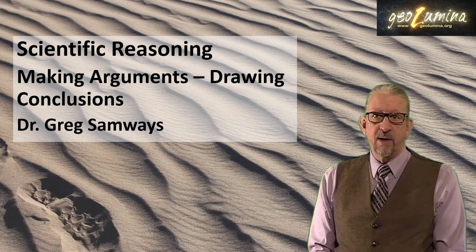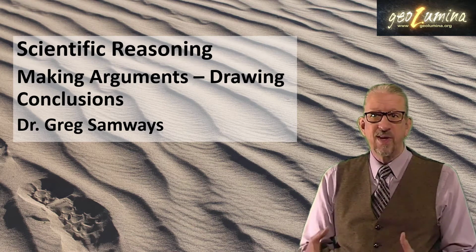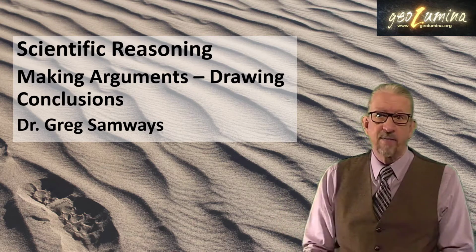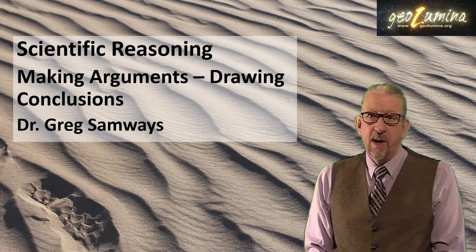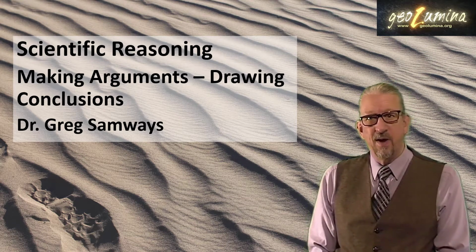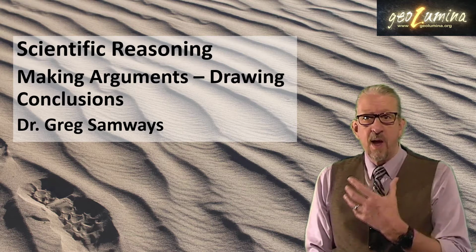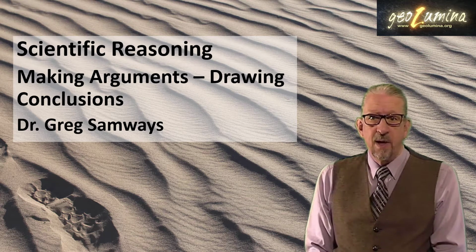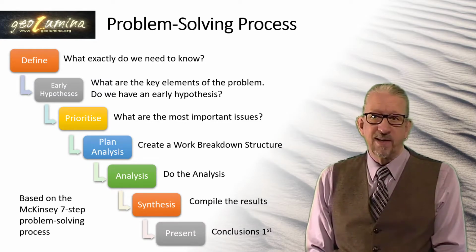We're using our scientific reasoning skills to consider all of the evidence and come to some kind of conclusion. This is the root of critical thinking. And this is what we're fundamentally doing in the results section of our dissertation, making these arguments and drawing conclusions. So let's just remind ourselves of that whole problem-solving process.